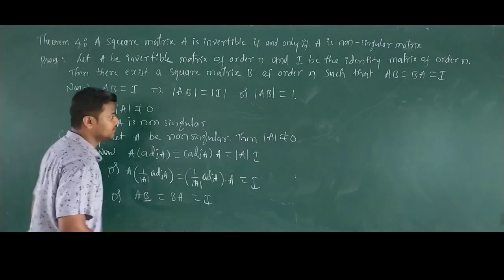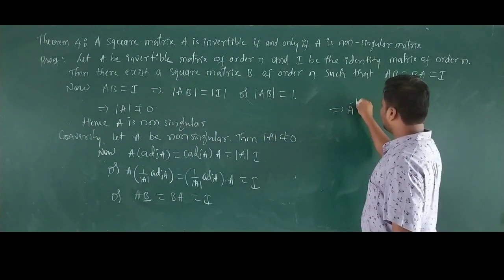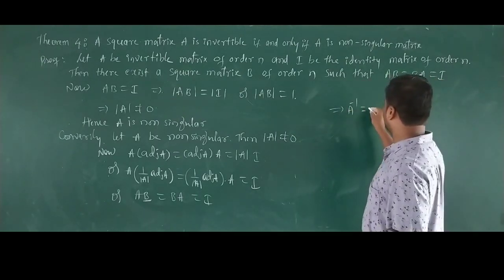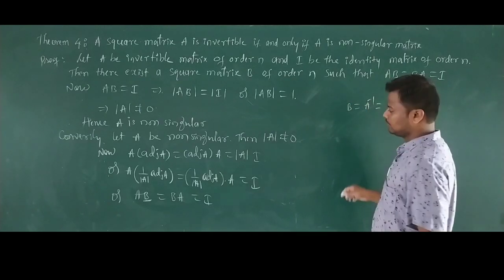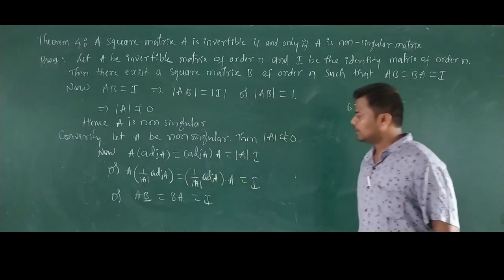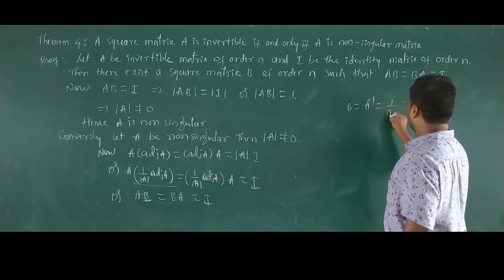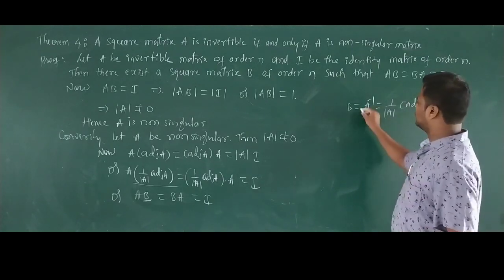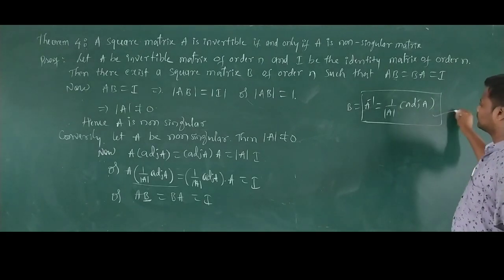This implies A inverse equals B, which is 1 by determinant of A into adjoint of A. So this is the formula to find A inverse.